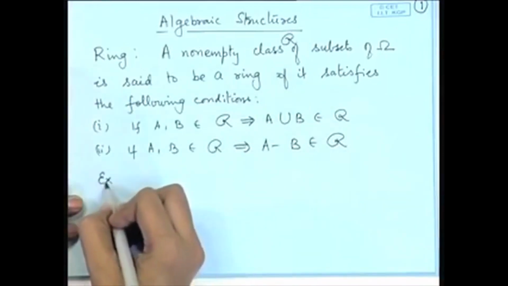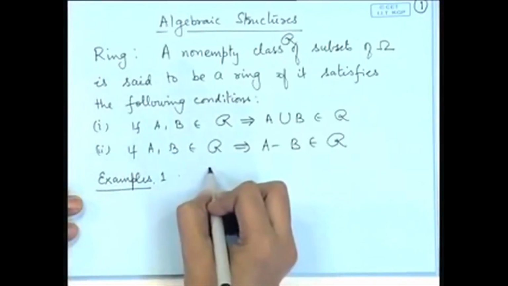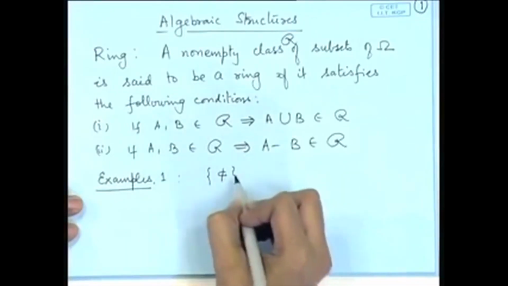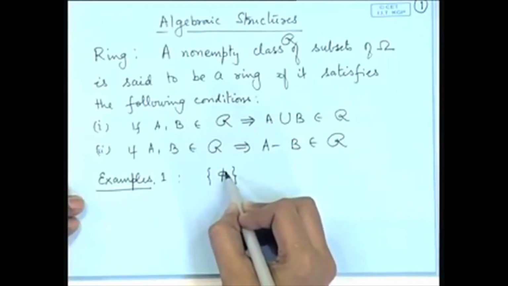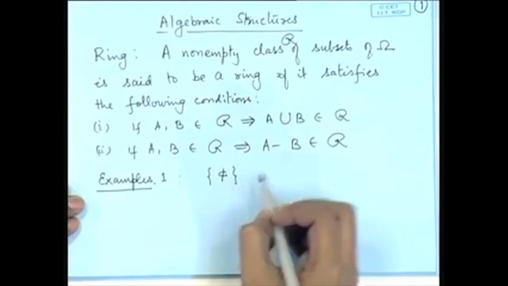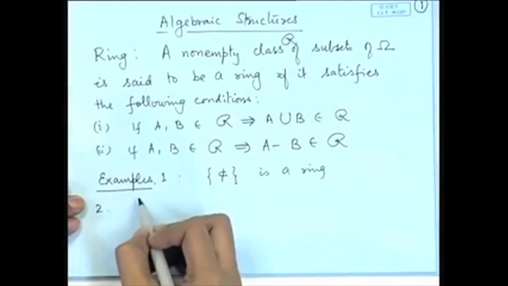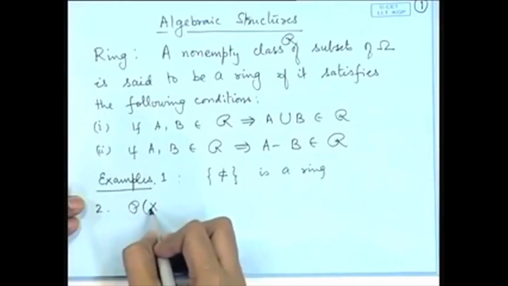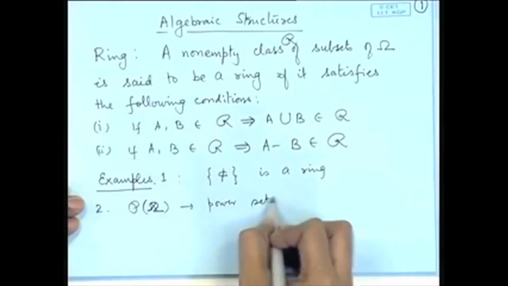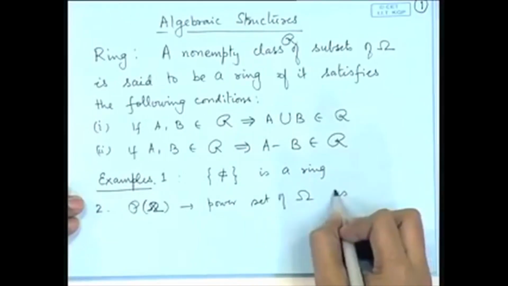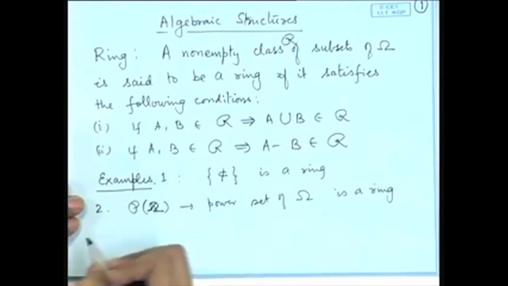Let us consider some simple examples to illustrate what is a ring. For example, if I consider a class consisting of simply the null set phi, then this is a ring, because phi union phi is phi, and phi minus phi is also phi. If I consider the class of all subsets of omega, that is the power set of omega, then this is also a ring, because all the sets under consideration will be subsets of omega only.